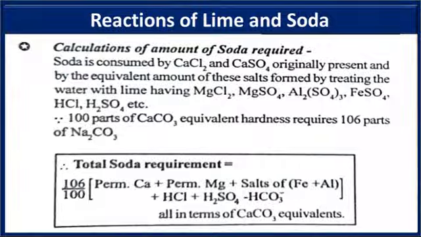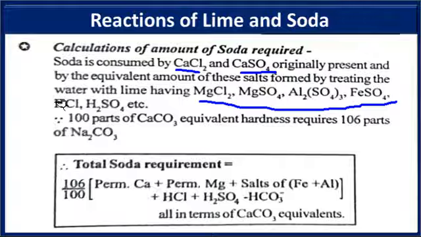Now, calculation of the amount of soda required. As we discussed, soda is consumed by calcium chloride and calcium sulfate originally present, and by the equivalent amount of these salts formed by treating water with lime having magnesium chloride, magnesium sulfate, aluminium sulfate, iron sulfate, HCl and H2SO4. So whenever these salts are present, they also generate permanent calcium hardness.